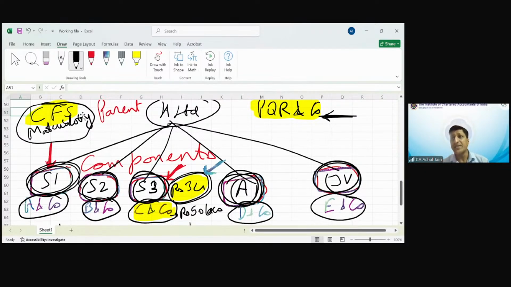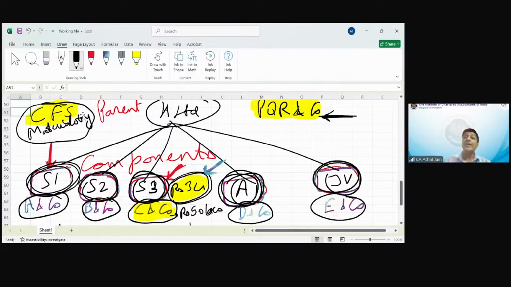Now, at some places, because the audit of the components has to be done as per the instructions of PQR, PQR and the component auditor need to stay involved. They need to interact with each other and stay engaged in terms of how the audit is going on and what all procedures are required. If there are any observations, those need to be discussed so that they are closed in an appropriate manner.